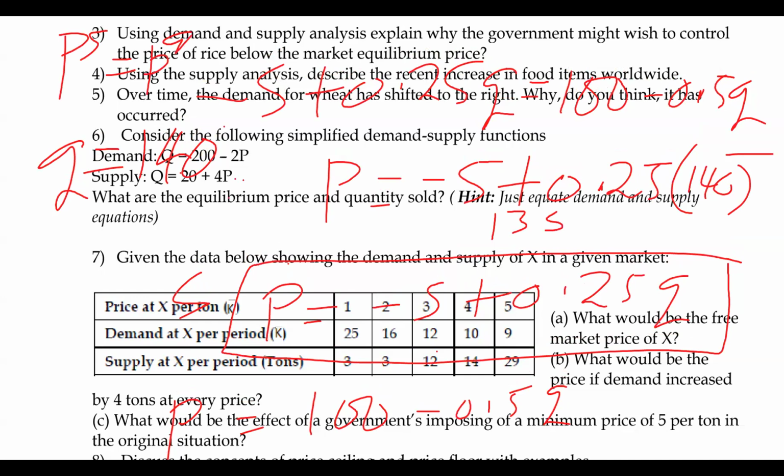Can we put the same in the demand function and find the same? Remember this one on the supply function. Let's put it in the demand function. It should be 100 minus 0.5 times 140, with the quantity being 140.